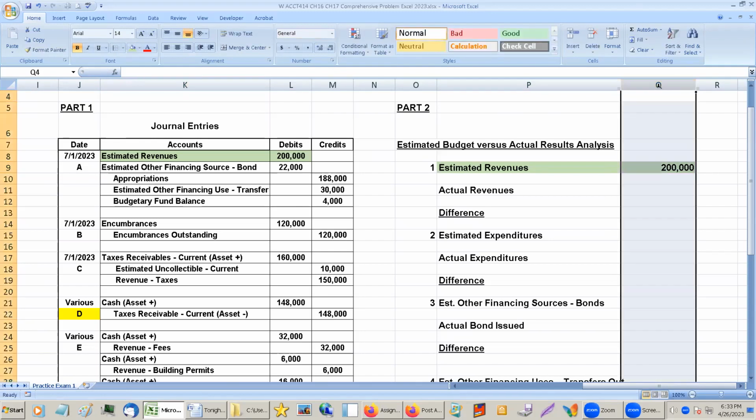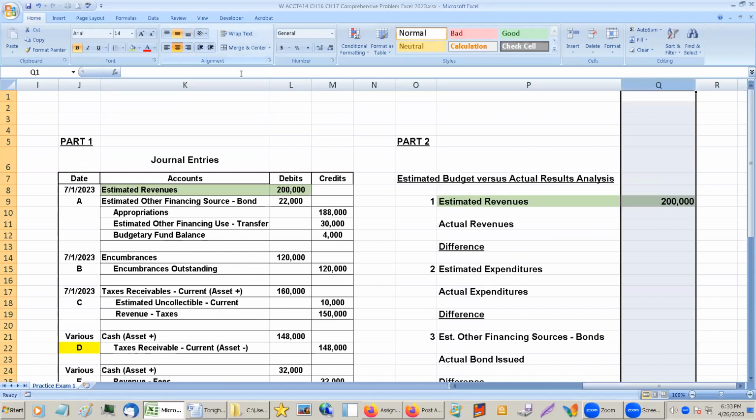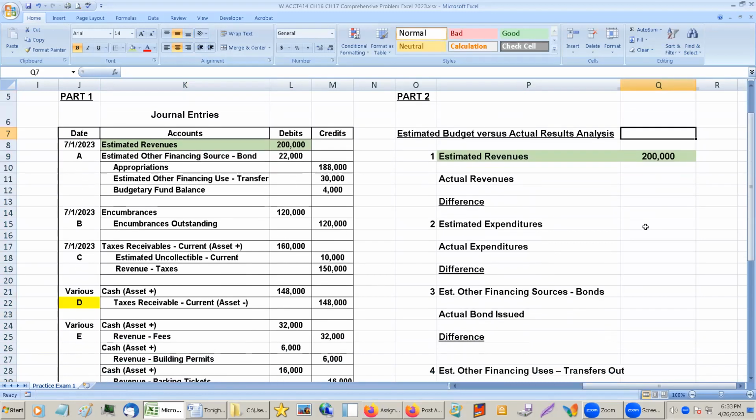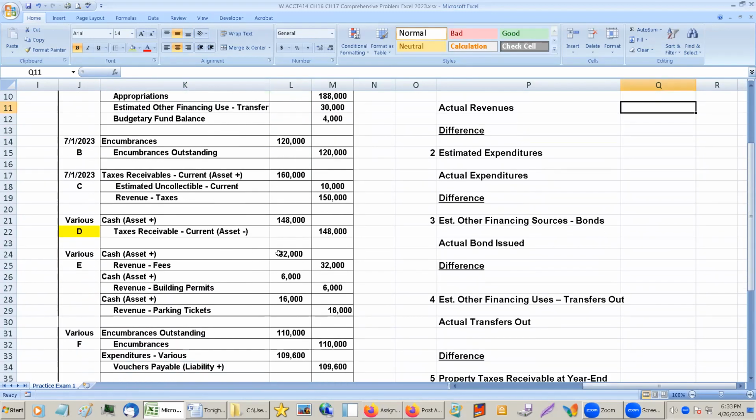Okay, so estimated revenues. Actual revenues. Okay, we have to add up our actual revenues. Now I'm really regretting not lumping all those together.